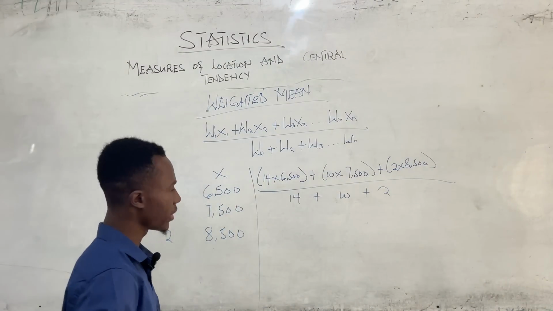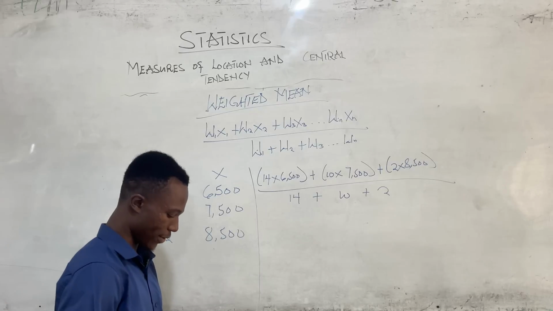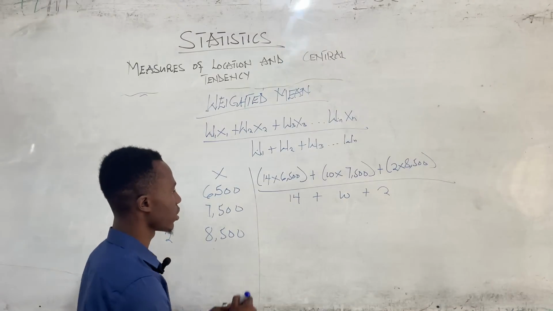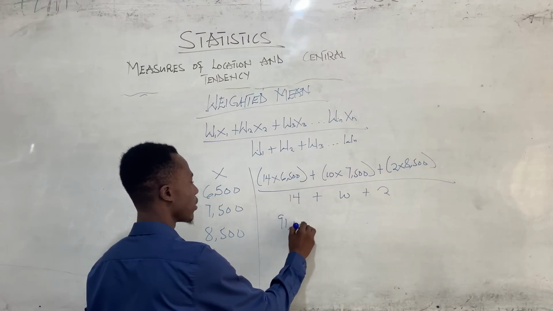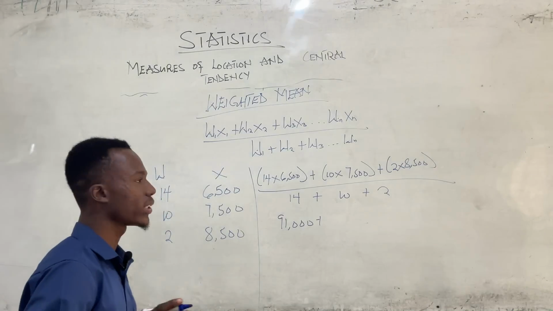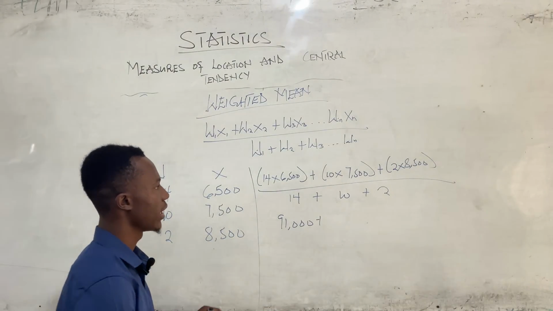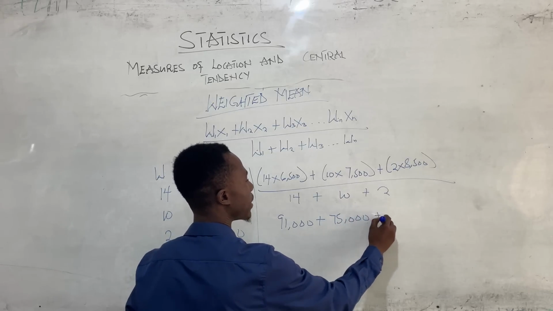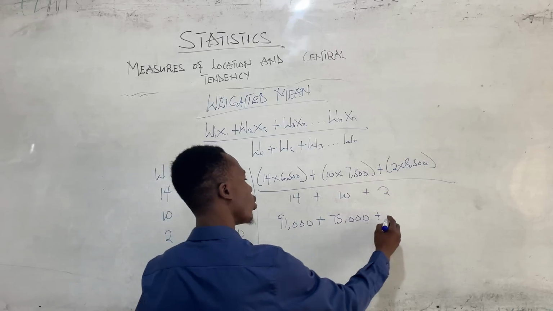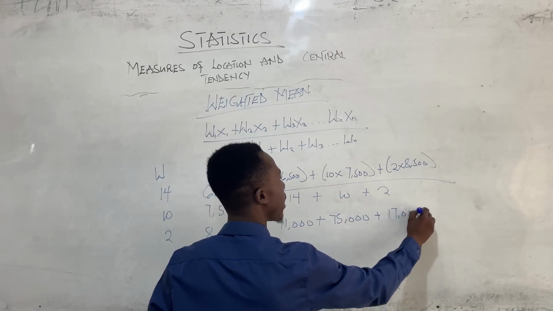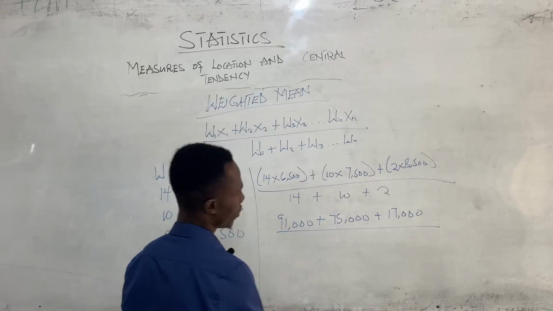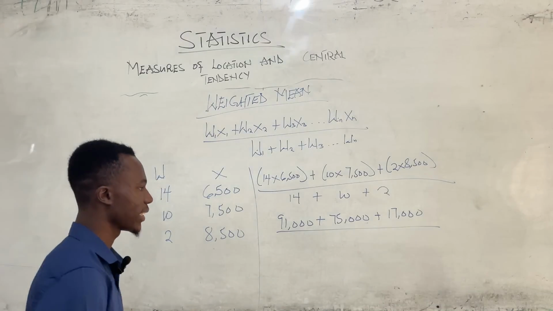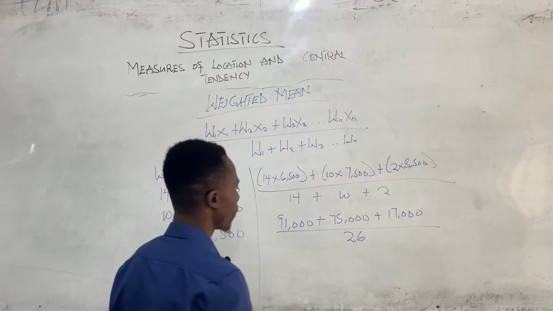Now when we multiply, 14 times 6,500 is 91,000. 10 times 7,500 is 75,000. 2 times 8,500 gives you 17,000. Then you divide everything by 14 plus 10 is 24, plus 2 is 26.